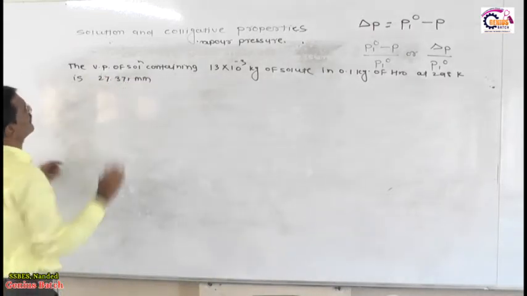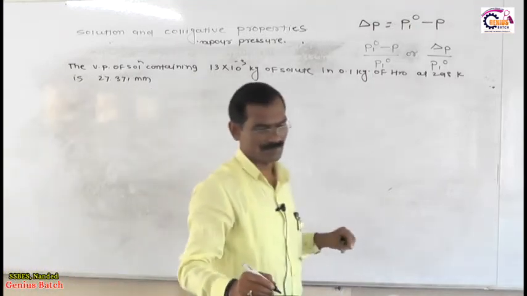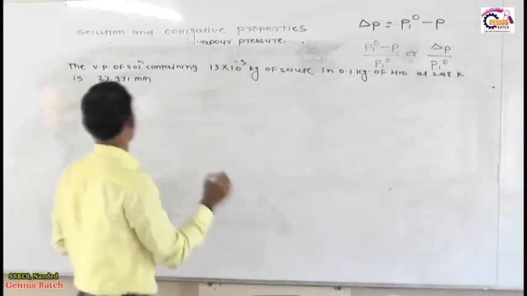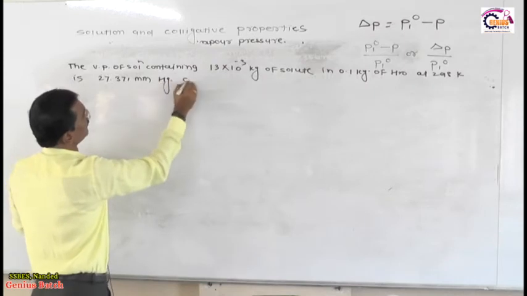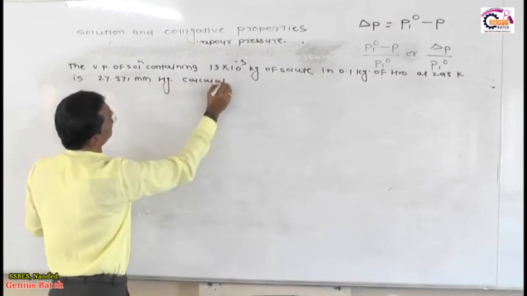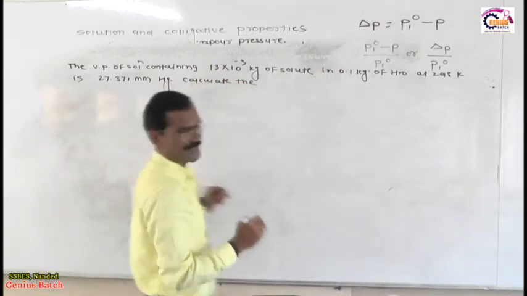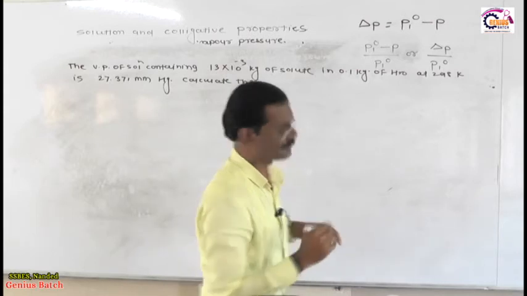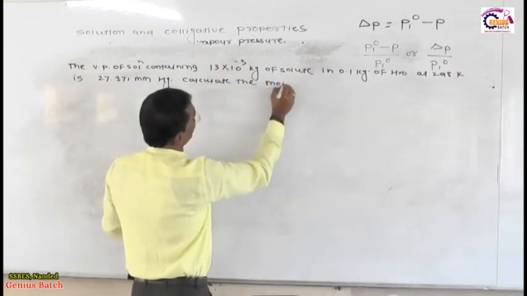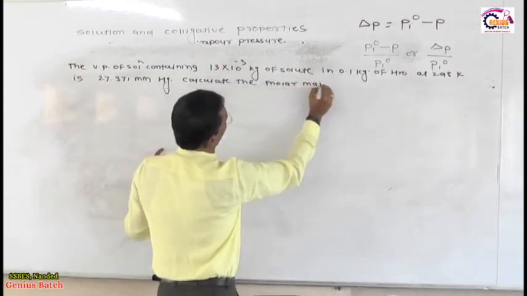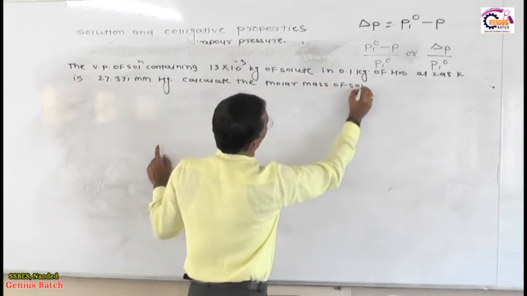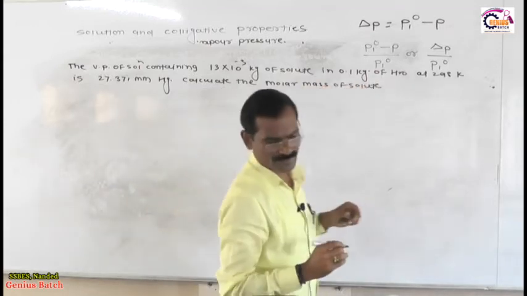27.371 mm of mercury is the vapor pressure. Calculate the molar mass of solute. You know very well molar mass of solute.